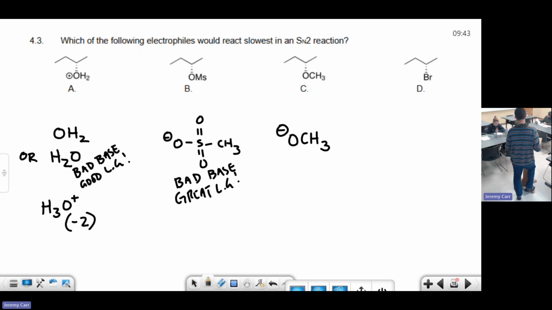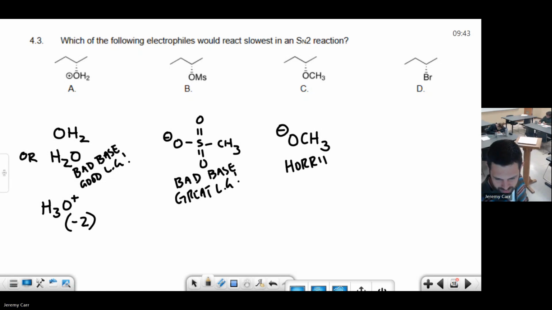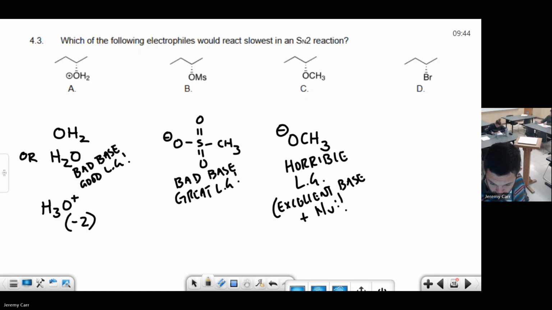Think about the logic here. Bad leaving group. This isn't just a bad leaving group, this is a horrible leaving group. Excellent base and nucleophile. That's the point.